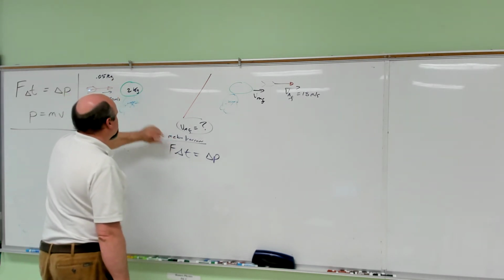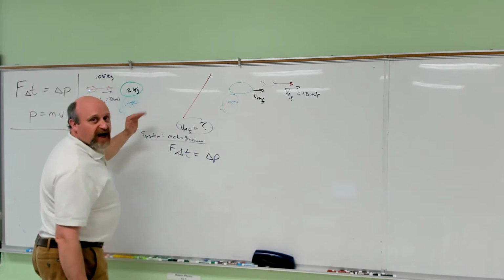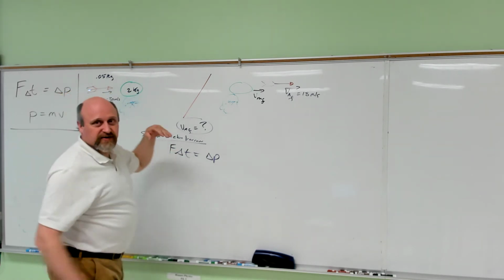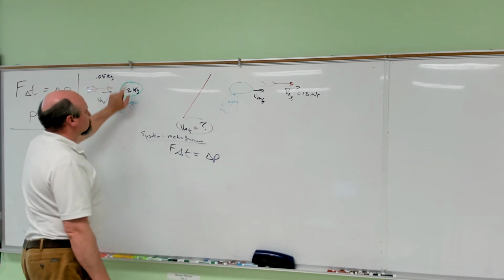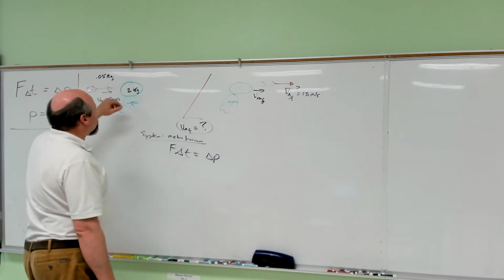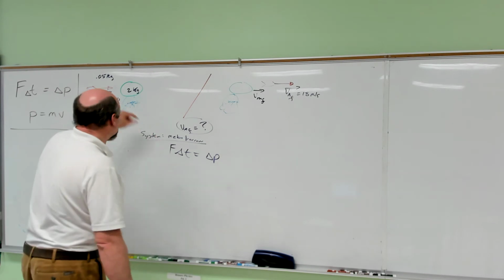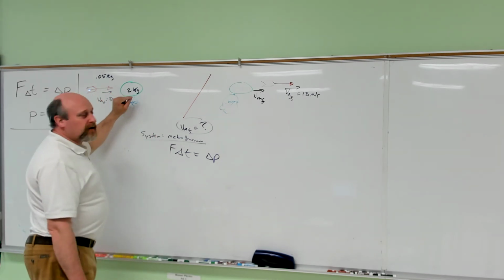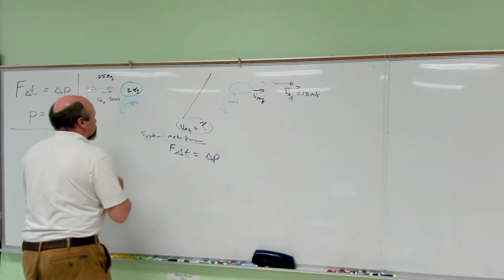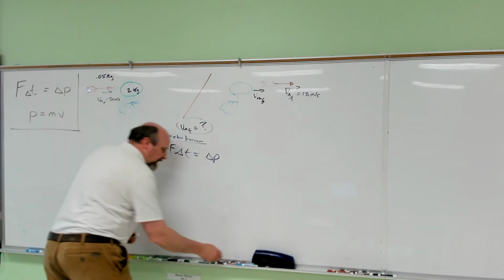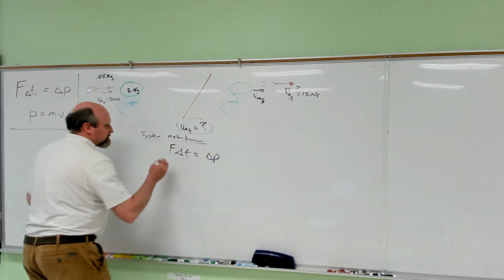And more importantly, it's going to act vertically. I'm interested in the effects on the horizontal speed, the horizontal momentum. So I don't need to worry about the gravity force. I don't need to worry about the normal force from the head. The only thing I might think about is friction between the melon and the head. But we're going to assume that this is a pretty low friction surface, and so we're going to ignore that. So I'm going to have no outside impulse if I do that combined system.